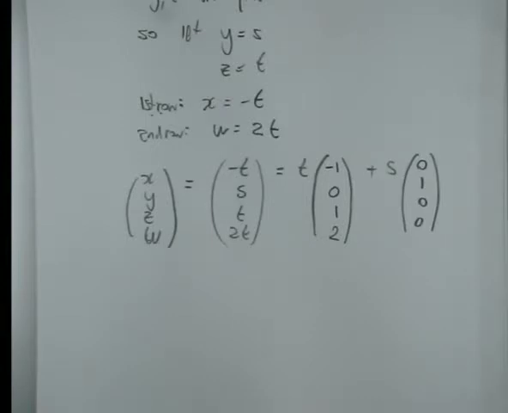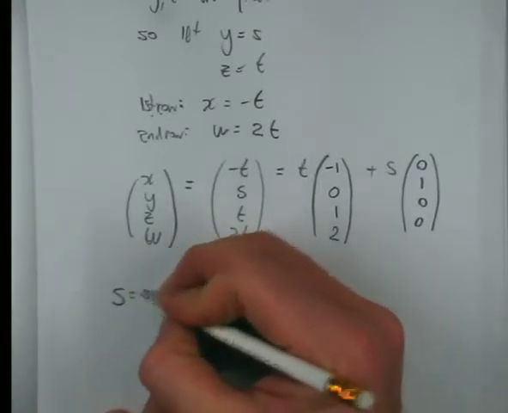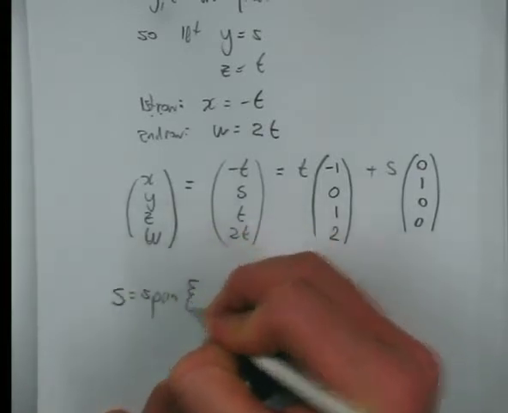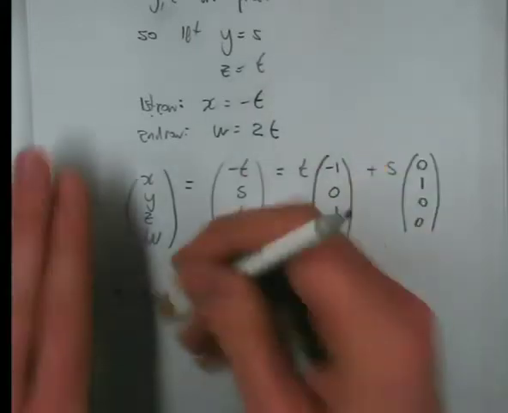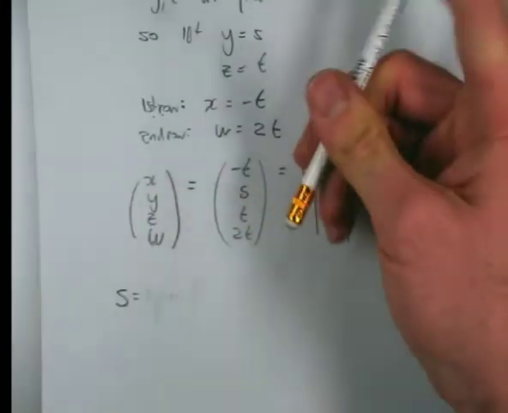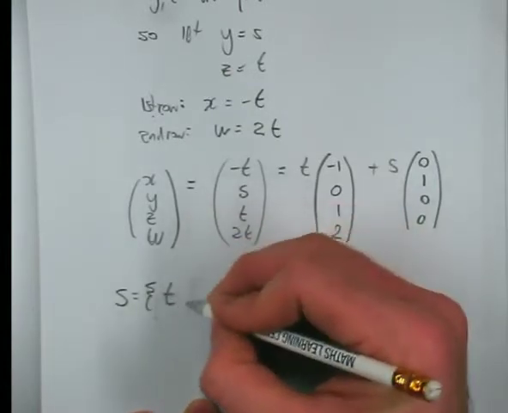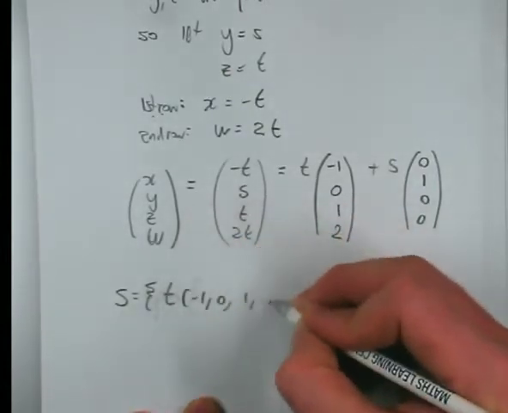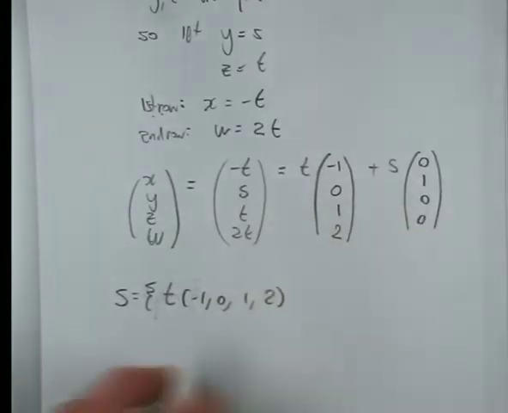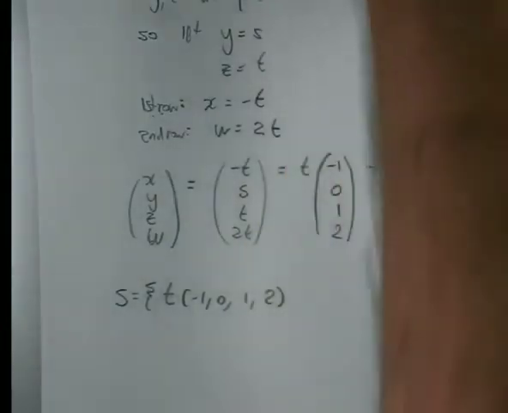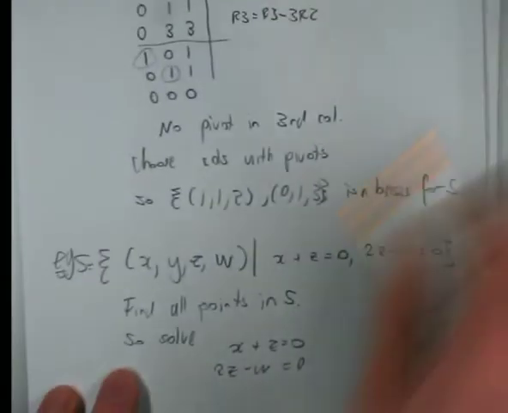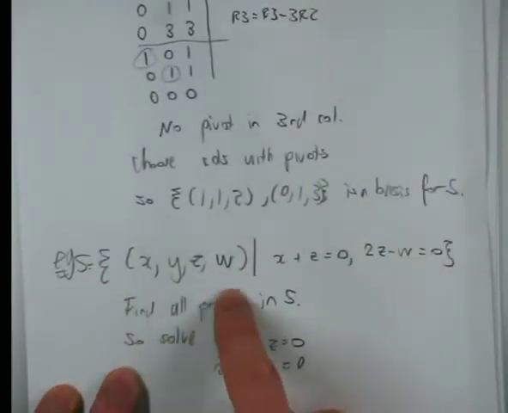S is now, we don't have to write this step, but I will write it anyway. So S is in fact the span. Well, in fact, I'll write this in, but we don't have to write either of these steps if we don't want. S is the set of t minus 1, 0, 1, 2. I'm being a bit sloppy switching from rows to columns and columns to rows, but my original thing had it written as rows, so I should do that with my final answer.